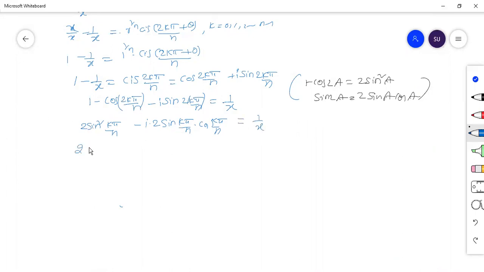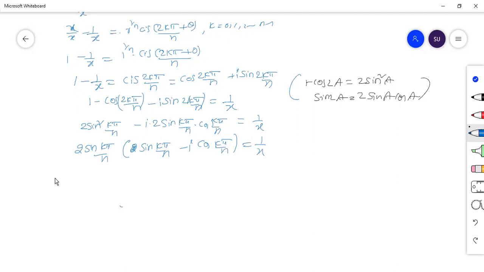So which is common? 2 sine kπ by n, take out common, you will get sine kπ by n minus i cos kπ by n is equal to 1 by x.